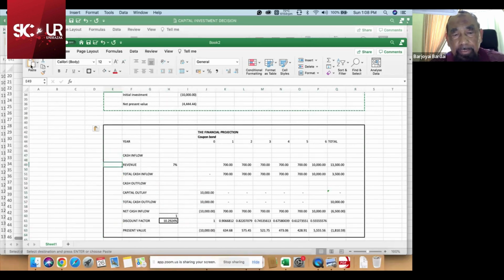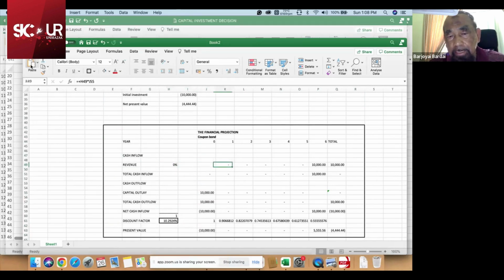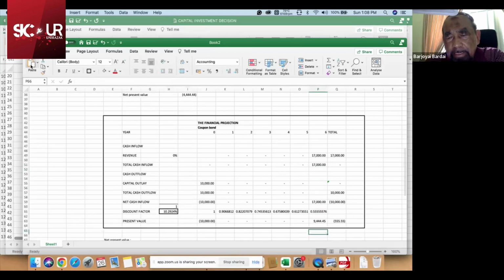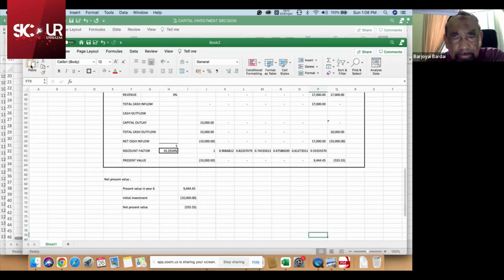If the zero coupon, that means here is 0, then you will have just, let's say if you are getting 17,000, then this is negative.